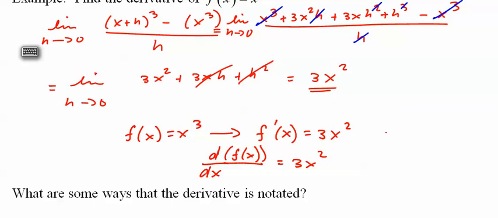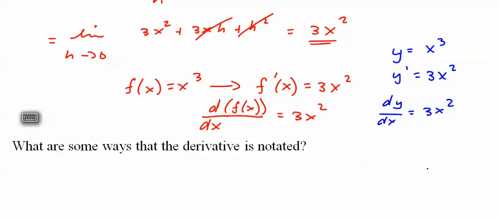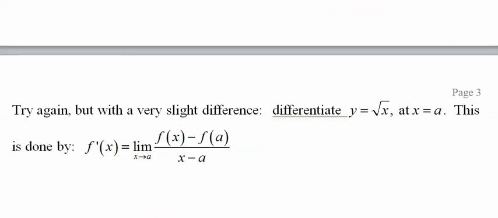Or if we had said y equals x to the third, we could write it as y prime is 3x squared, dy/dx equals 3x squared. Things like that. You'll get it. It's not hard. And purposely, I've noticed the AP curriculum do all it can to change them up, just to see if you're on your toes. And again, you just get used to it. It's not a big deal.